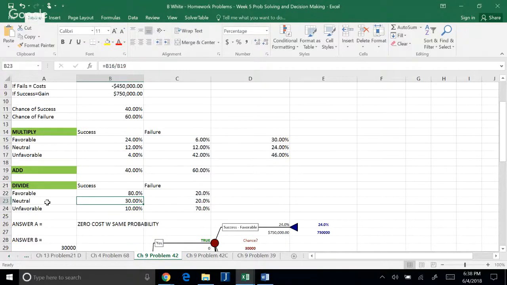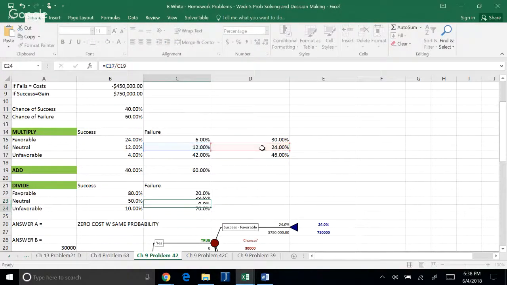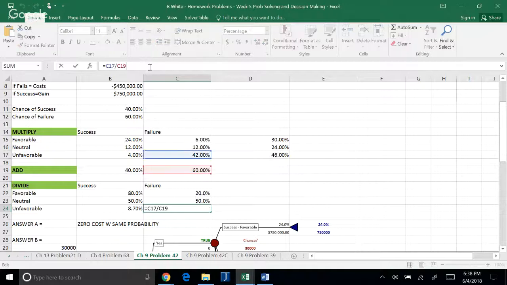Okay. So this one's neutral. It's going to be divided by the 24%. And so is this one. And 50 is correct there. So you were super close on this, Brenda. And then this one is going to be divided by the 46%. And that's correct. Okay. So there was an issue in Bayes.